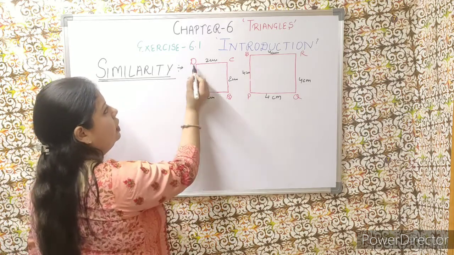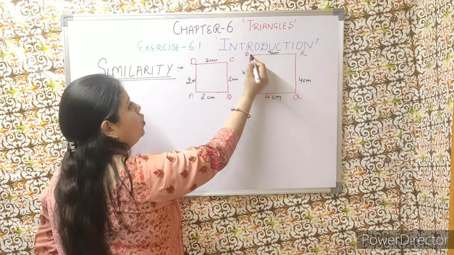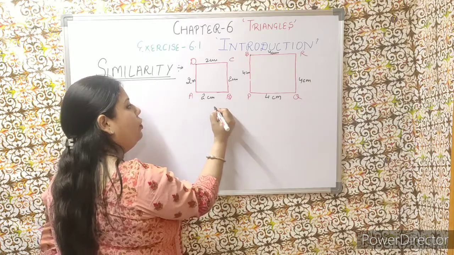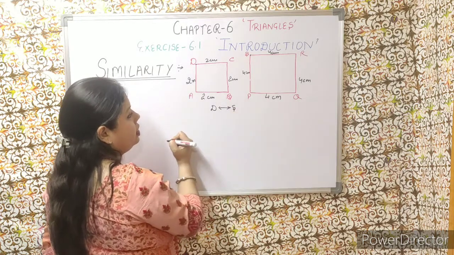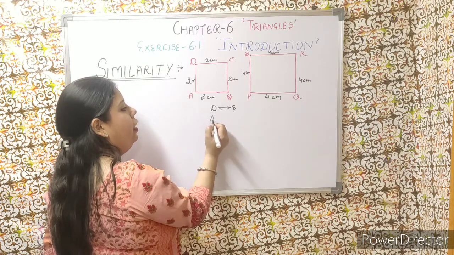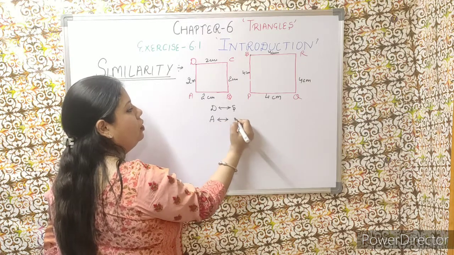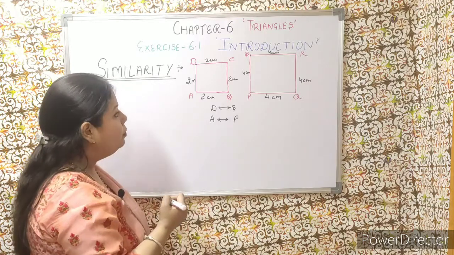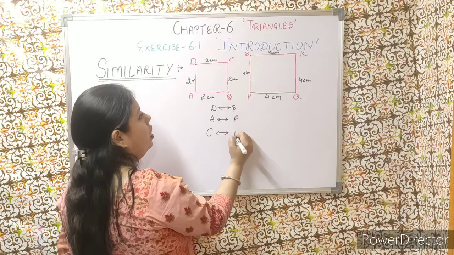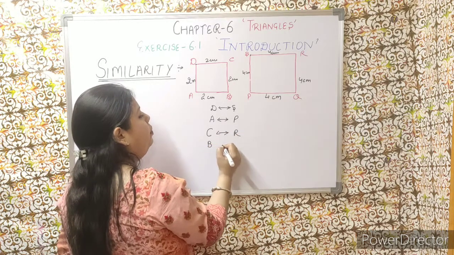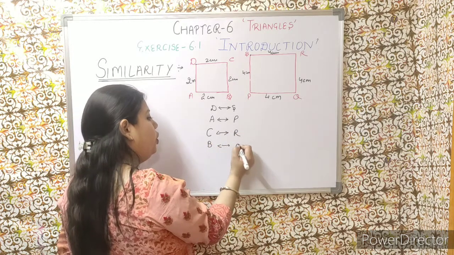Now if they are similar, then this point D corresponds to this point S. How will we write it? D corresponds to S. Similarly, A corresponds to P, C corresponds to R and B corresponds to Q.